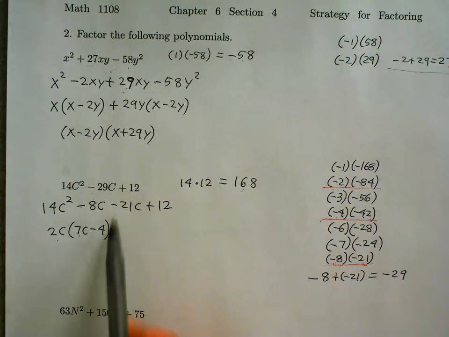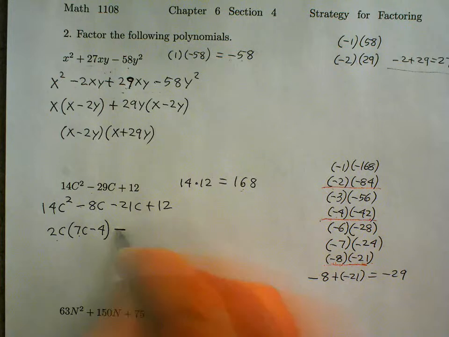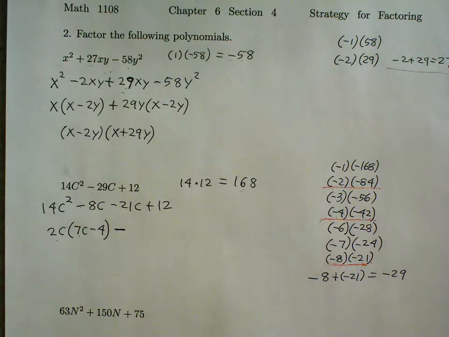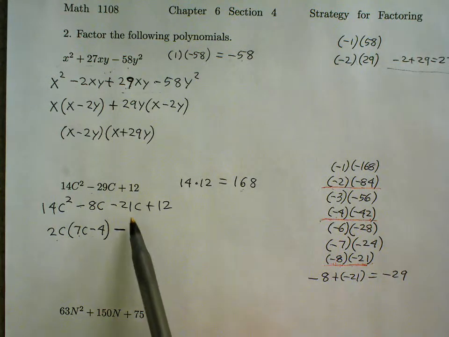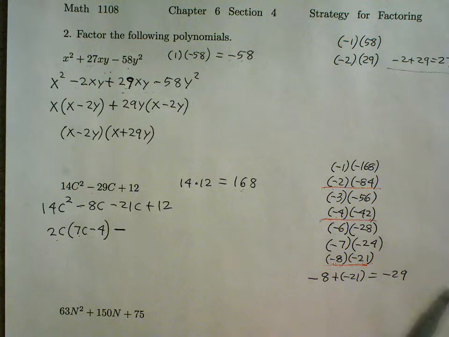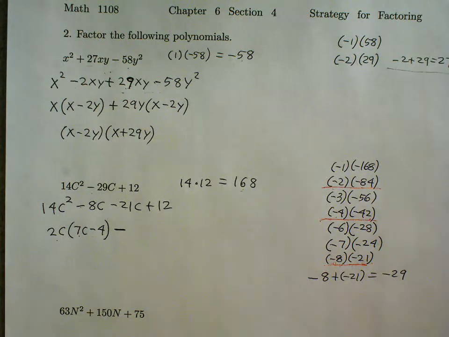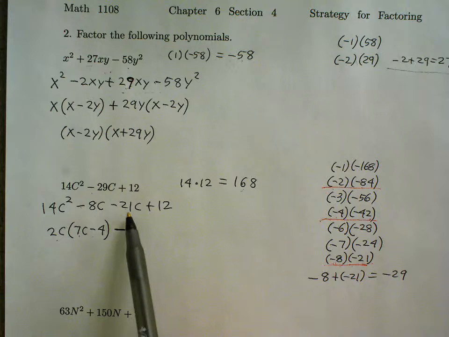So we proceed to the next step. The middle operator is subtraction. So we always bring down the middle operator. The greatest common factor of negative 21c and 12 is 3, but this minus sign reminds us that we want to factor out the negative of the greatest common factor.